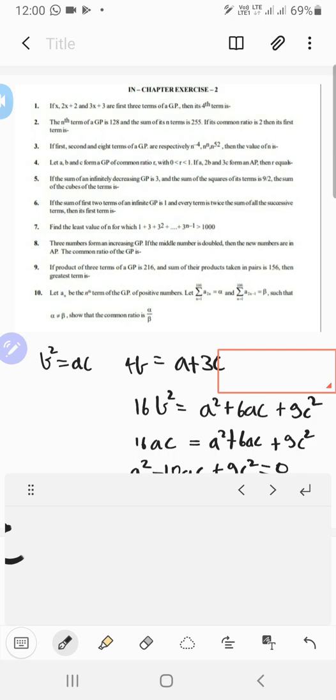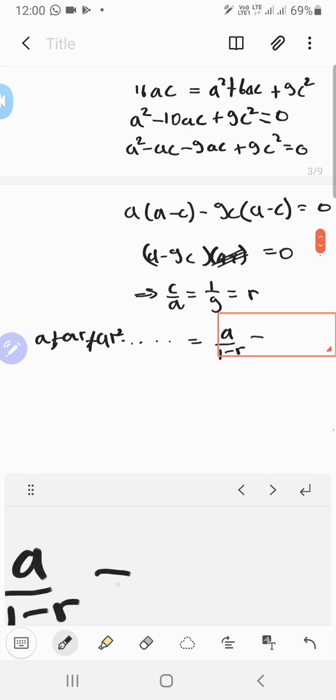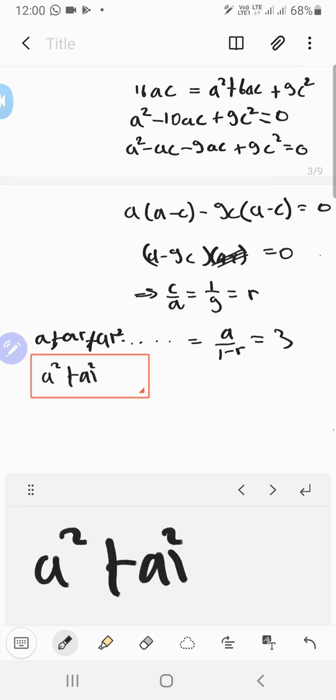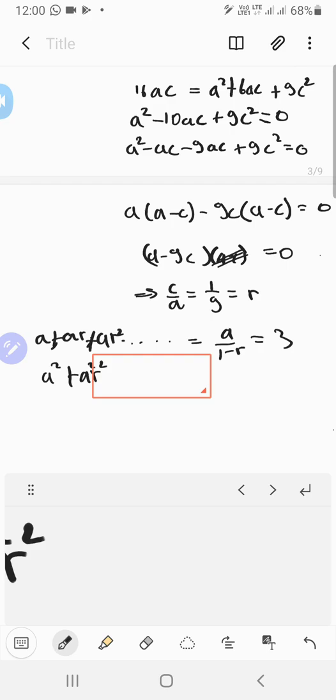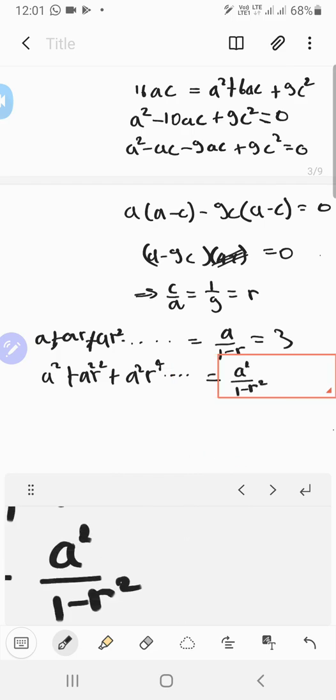Okay, and the sum of the squares is 9 by 2. The sum of the squares of these terms, which is obviously a squared plus a squared r squared plus a squared r to the fourth and so on, is going to be a squared upon 1 minus r squared using the same formula.